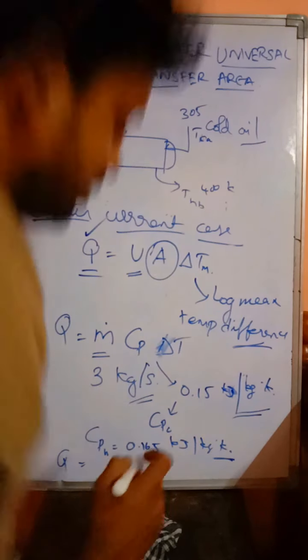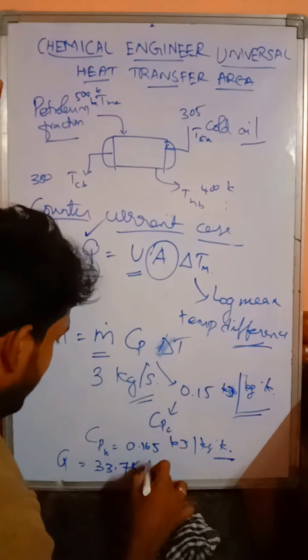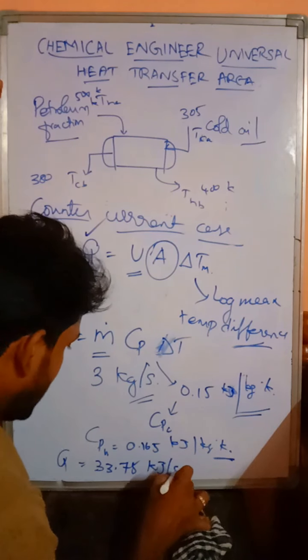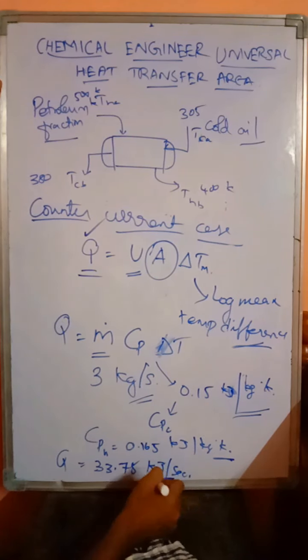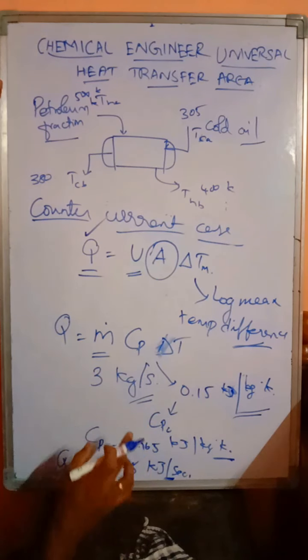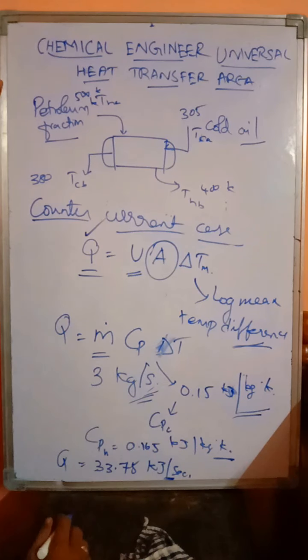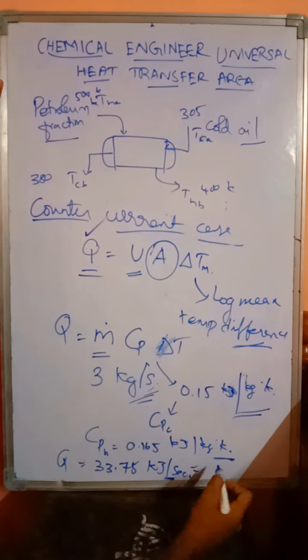You will get 33.75 kilojoule per second. So just see here, you are getting 33.75 kilojoule per second of energy because we have used mass flow rate in seconds, right? So you need it in hours.